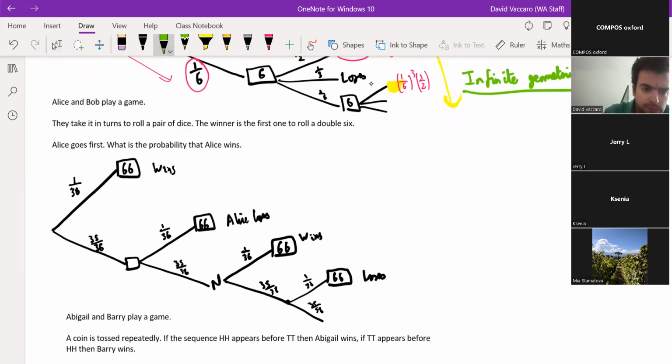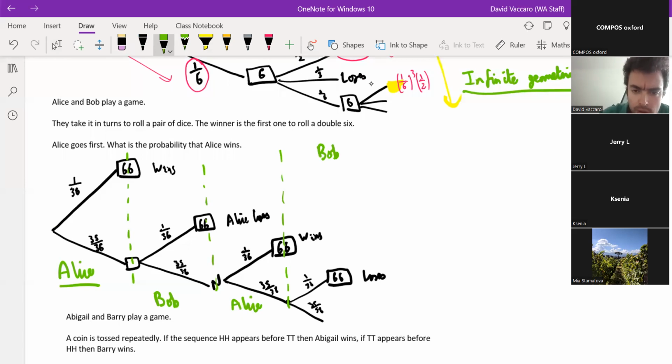So it's worth noting my tree diagram: this first roll is Alice's roll, this second roll is Bob, this roll was Alice, this roll was Bob. And then the next chance that Alice can win is if she gets a double 6 here.